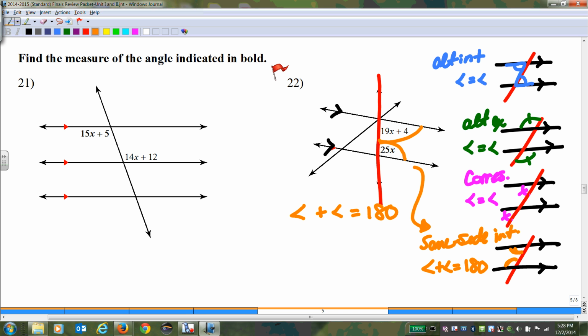That's your template. So we write 19x plus 4 plus 25x equals 180. You collect like terms, solve for x, and once you solve for x, plug it in, find all possible angles.